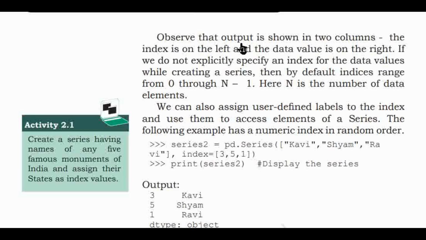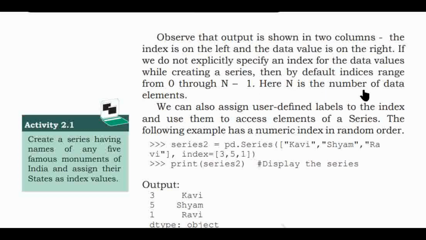Observe that output is shown in two columns. The index is on the left and the data value is on the right. If we do not explicitly specify an index for the data values while creating a series, then by default indices range from 0 through n-1.